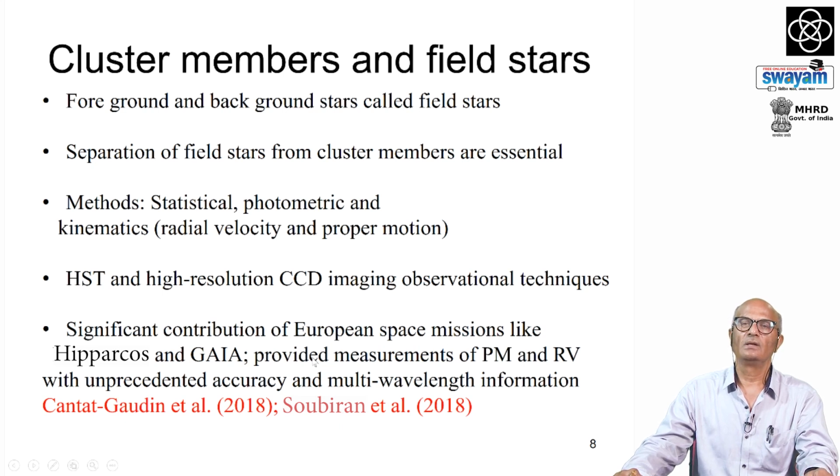In fact, in this direction, recent European space missions like Hipparcos and Gaia have provided very accurate measurements of proper motion and radial velocity, as well as multicolor photometric and spectral information with unprecedented accuracy.